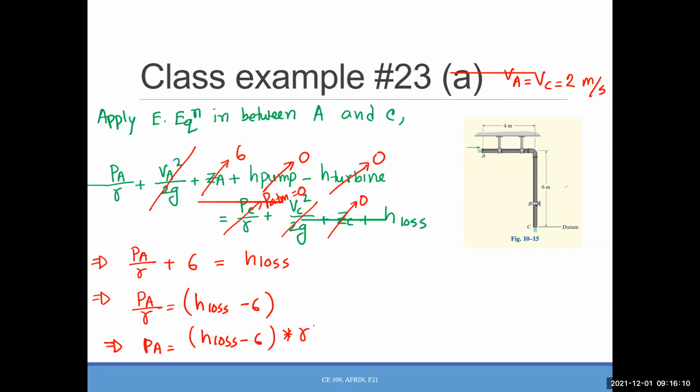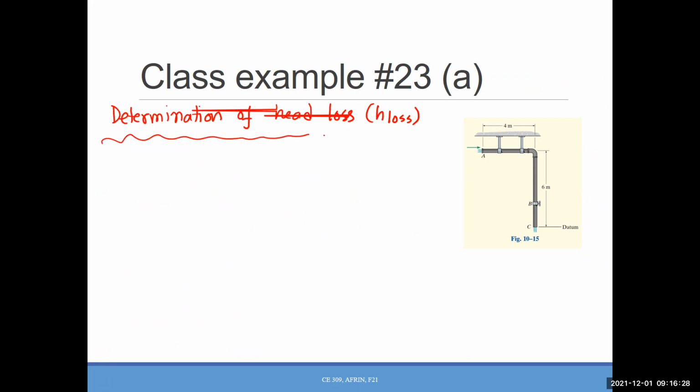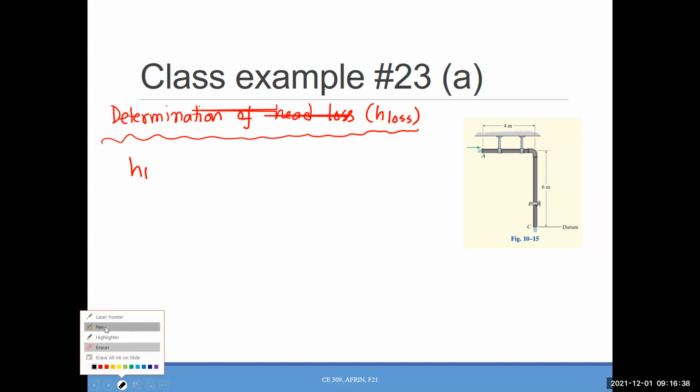Everyone's done up to this point? Okay. So the next step is determination of head loss. We know head loss is actually the summation of major and minor loss, right?